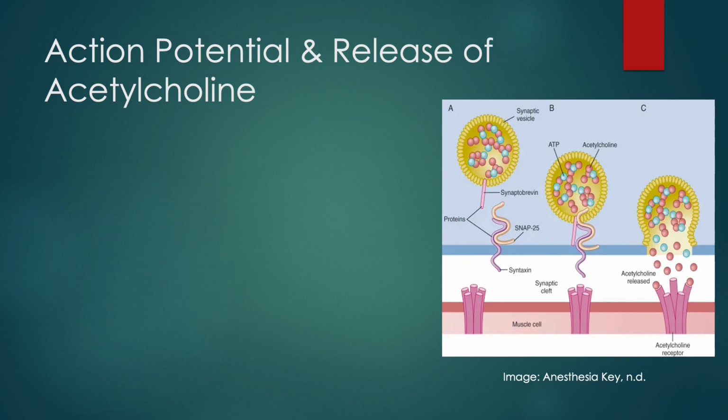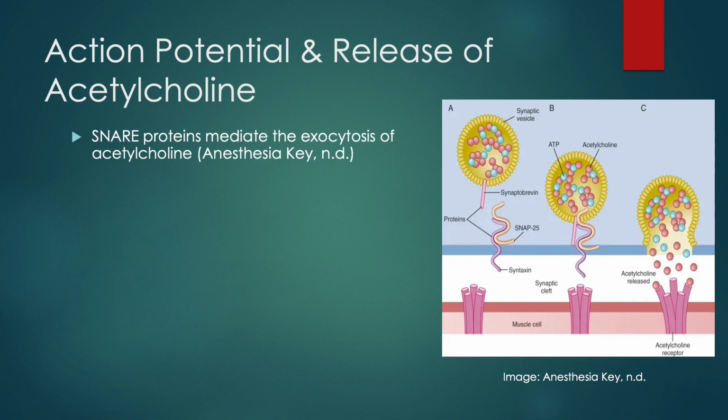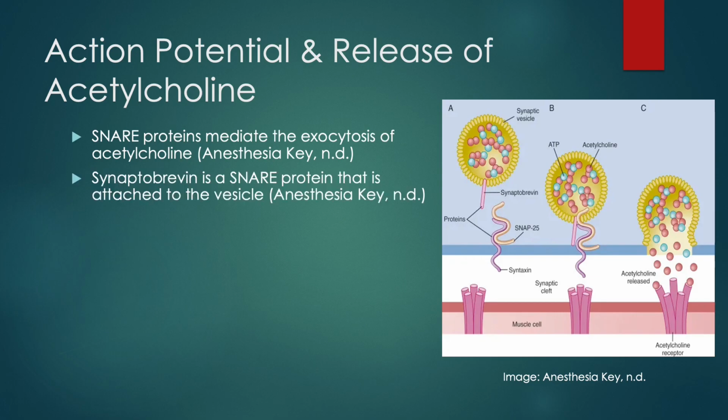So how does the acetylcholine actually get released then? Well, there is a SNARE protein system of about 3 different proteins that mediate the exocytosis of acetylcholine. Synaptobrevin is a SNARE protein that is attached to the vesicle.